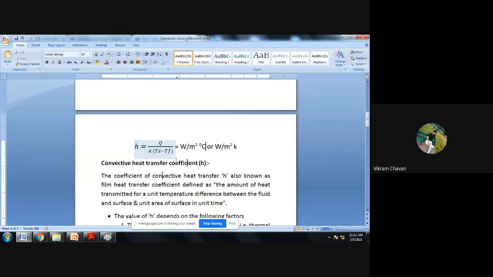For the definition, we are using the same idea we used for thermal conductivity.